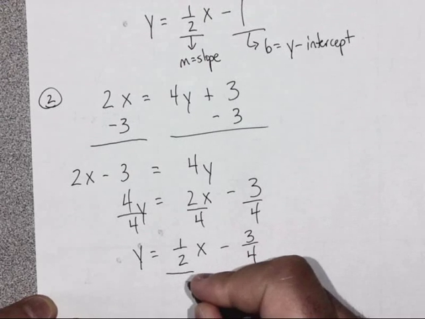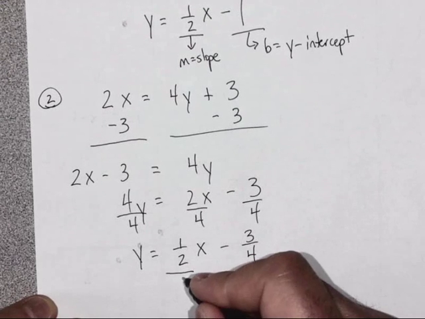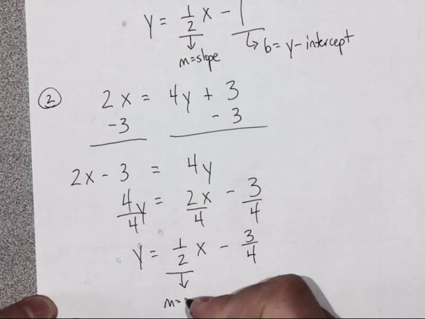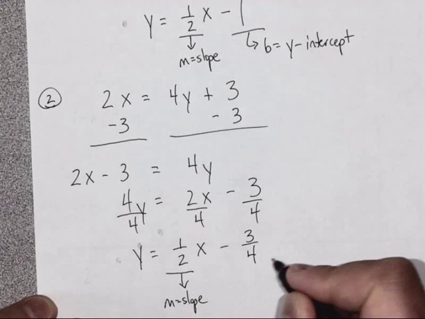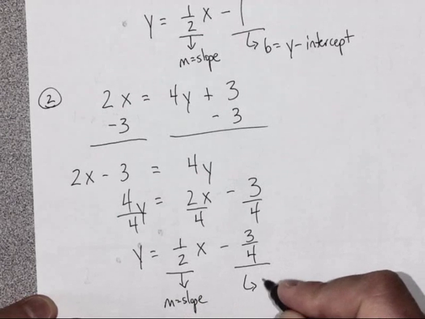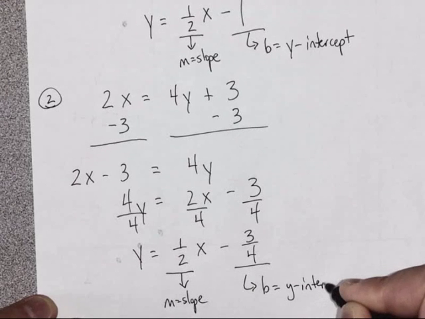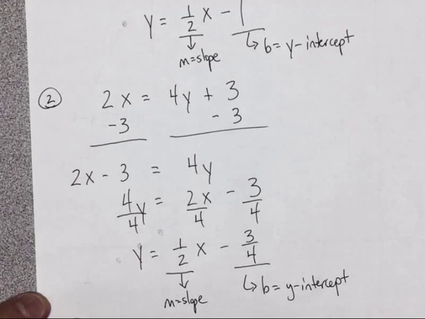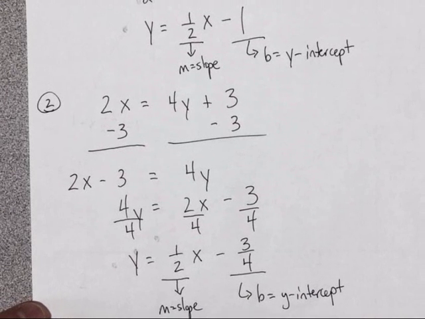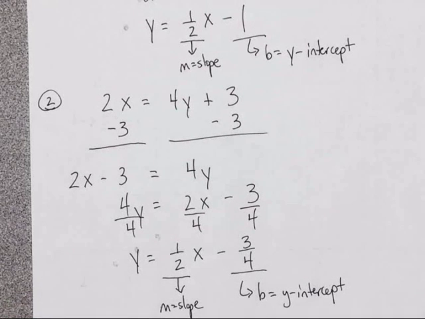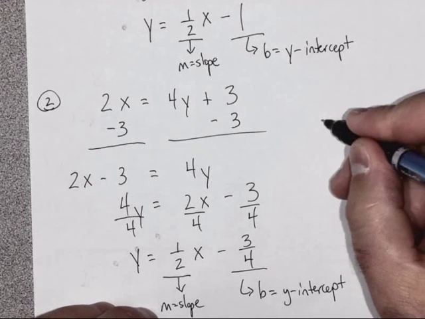So once again, the slope is 1/2. The y-intercept is negative 3/4. So if we compare these two, they both have the same slope, and they have different y-intercepts. So because of that, these two lines would be parallel lines.